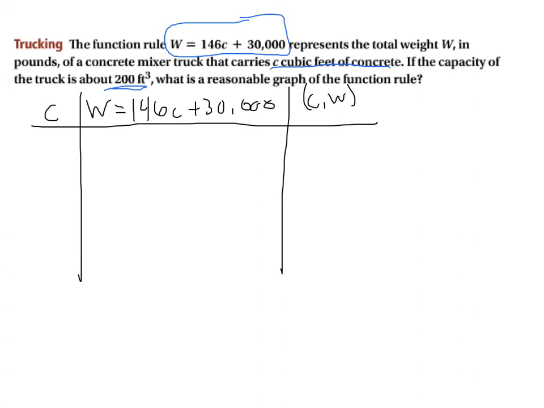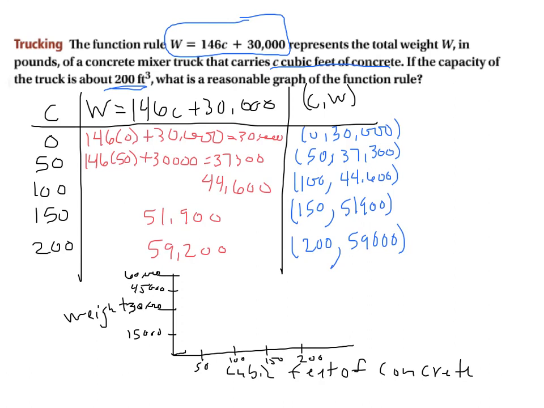So I'm going to count up by 50. So I'm going to test 0, 50, 100, 150, and 200. So when I plug this in, it'll be 146 times 0 plus 30,000. So that's going to be equal to 30,000.